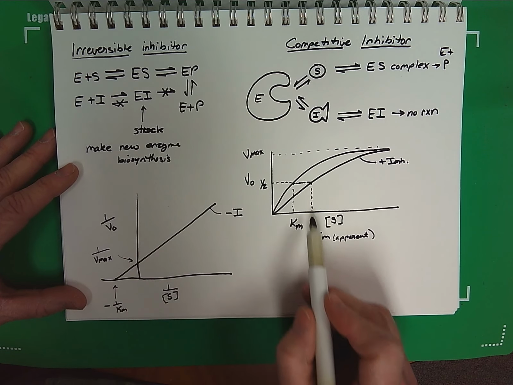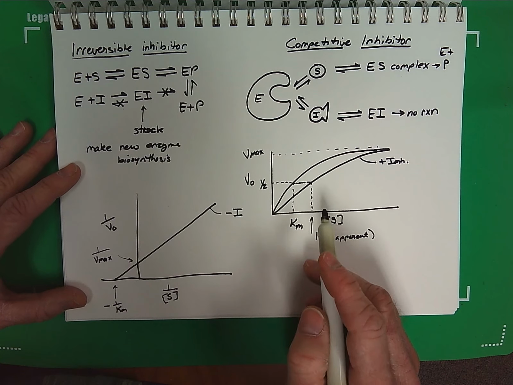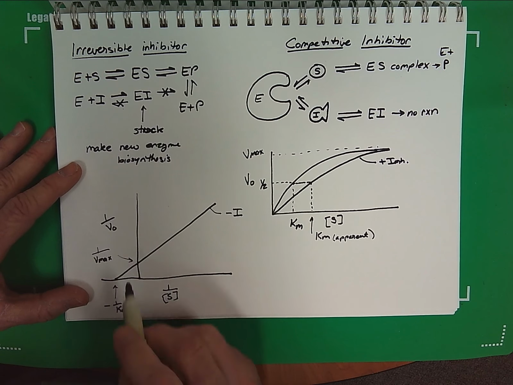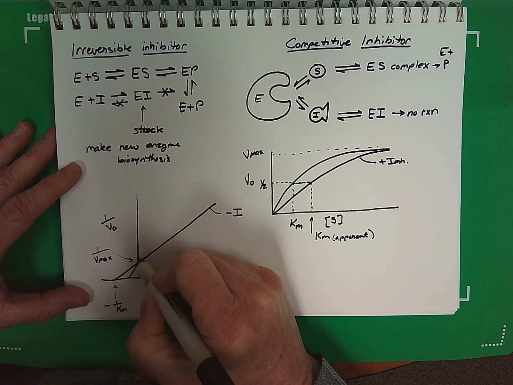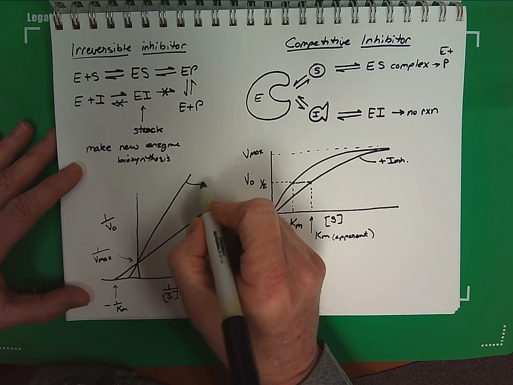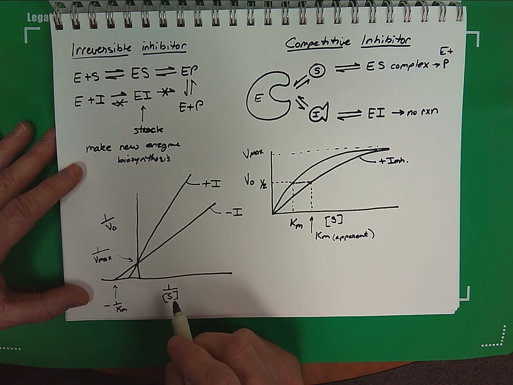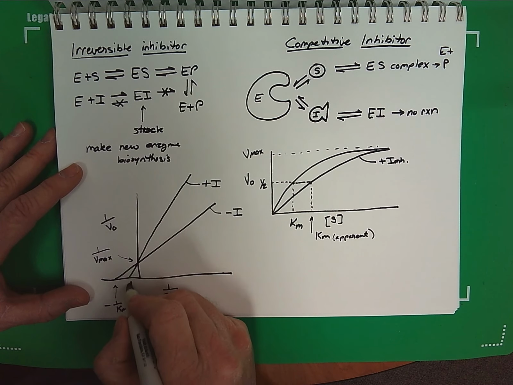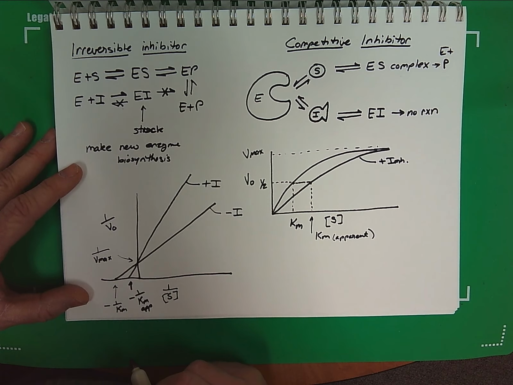But notice the Km with inhibitor is higher now. So a higher Km is going to shift this curve to the right towards 0. This will be plus inhibitor. And so now this is our negative 1 over Km apparent.